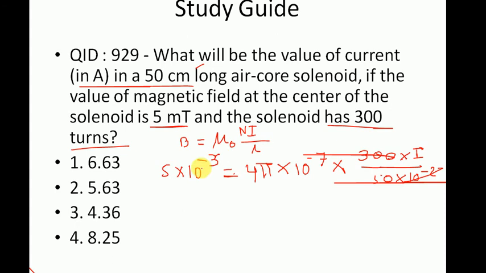Now this 10 to the power minus 3 and 10 to the power minus 3 will eliminate. So very simple calculation. What will be the remaining? I will be 5 into 50 divided by 4 pi into 3. 4 pi into 3 means 12 pi.